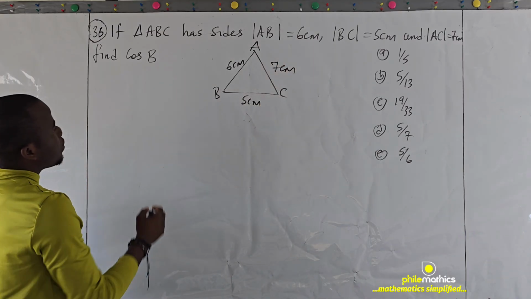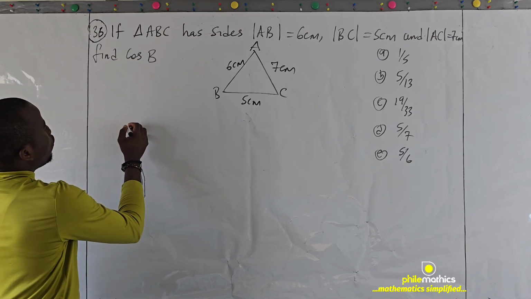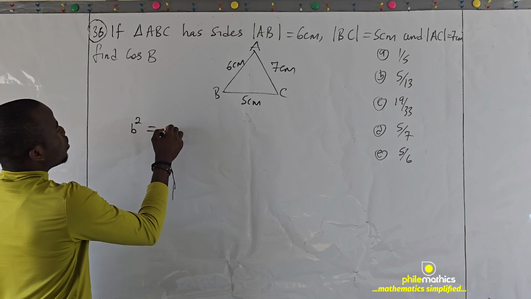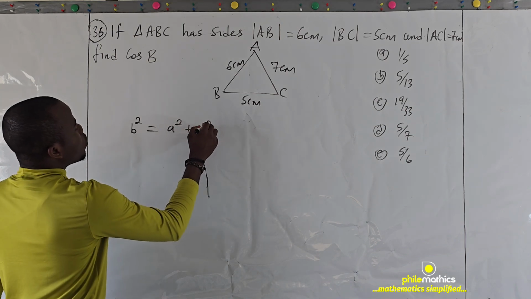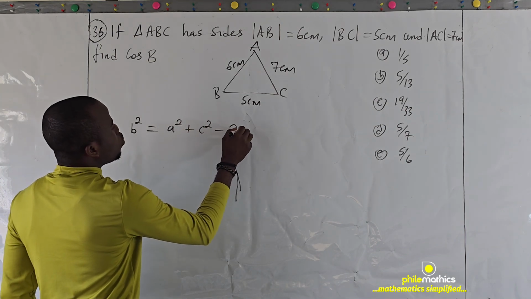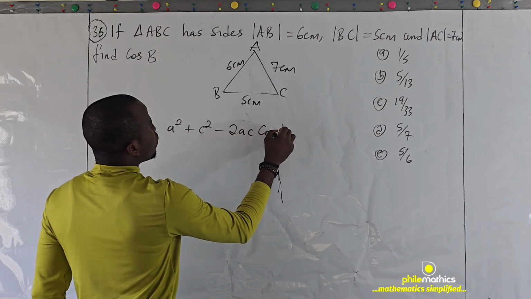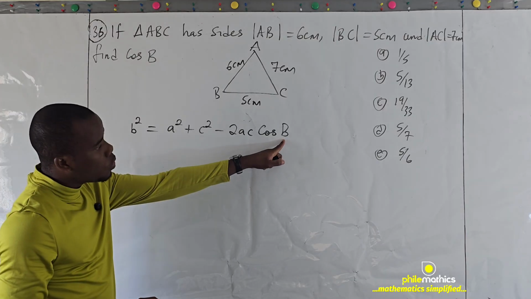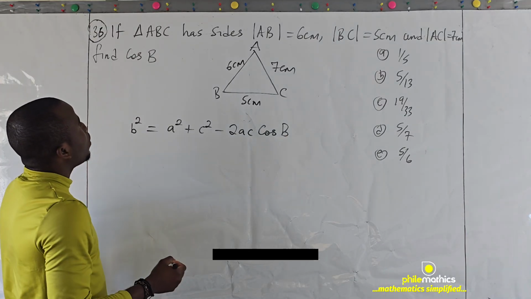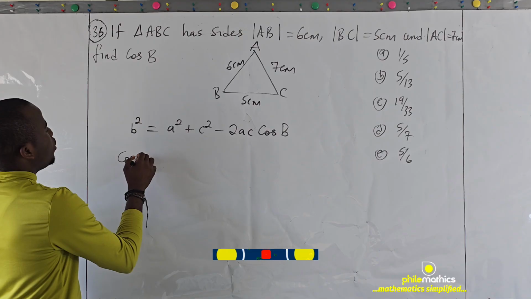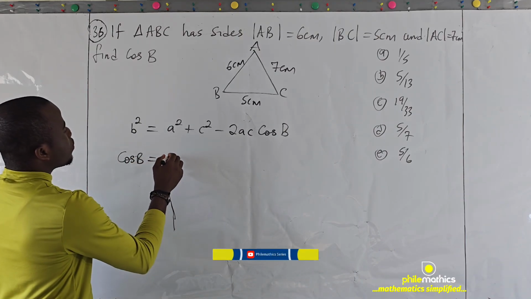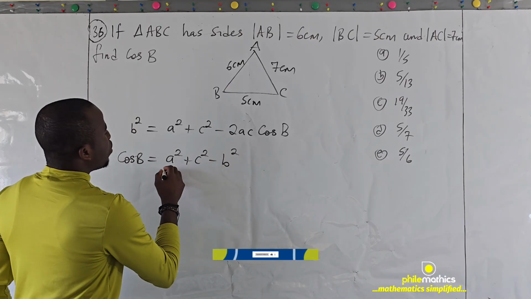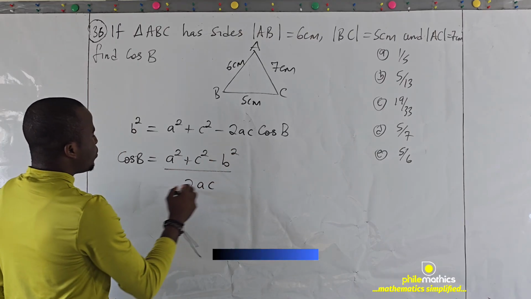You want to recall that if we are looking for b squared, naturally this will be a squared plus c squared minus 2ac cos B. And so now we are looking for the angle, so we have to make cos B the subject of the formula. So cos B will now be a squared plus c squared minus b squared all over 2ac.